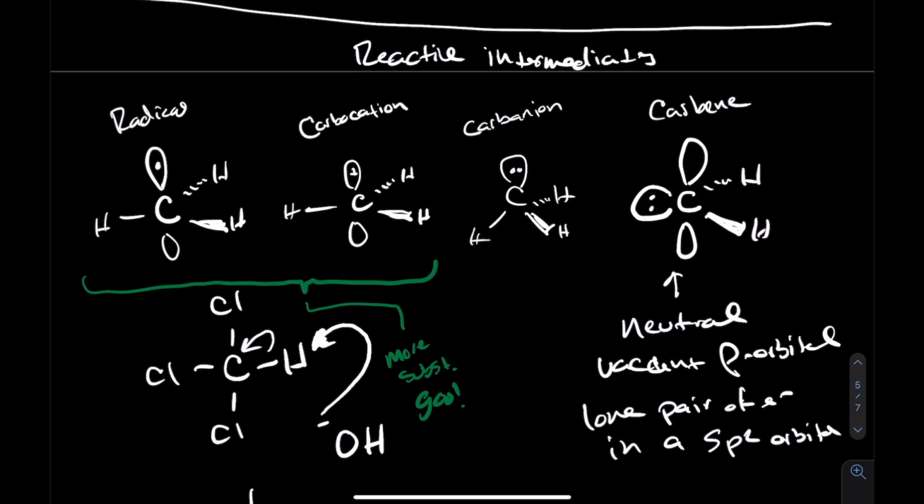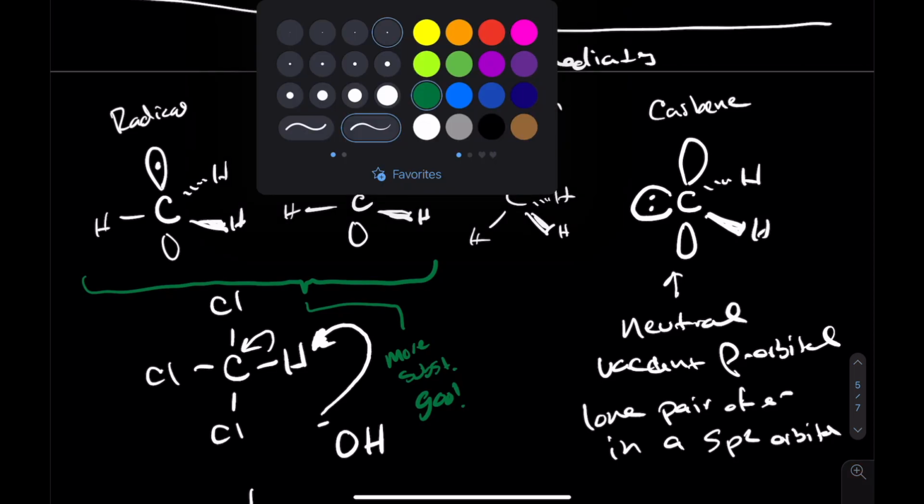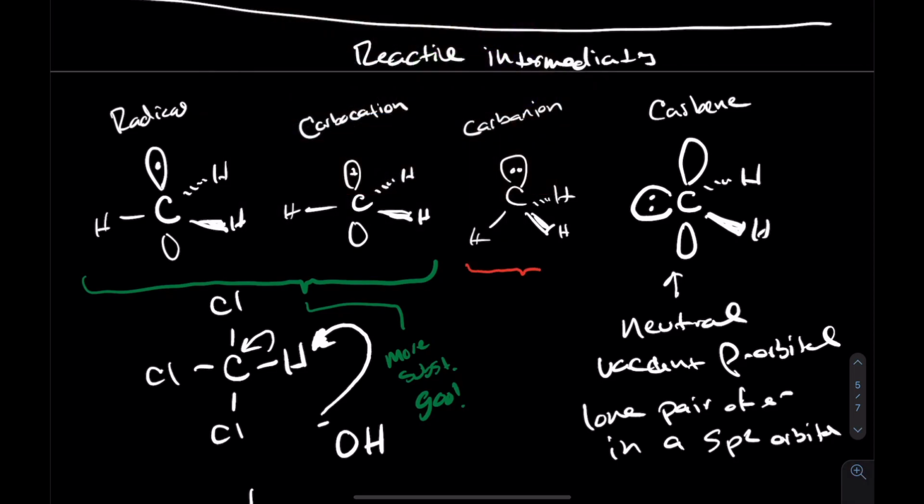All right? Carbanions. Substitution. Bad. All right? The most stable carbanion is just CH3 minus. And then it gets worse from there. I mean, CH3 minus is bad. And then it just keeps getting worse.